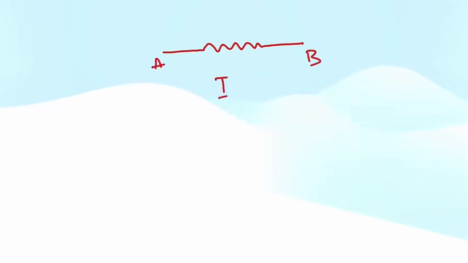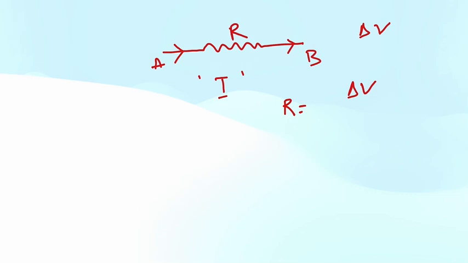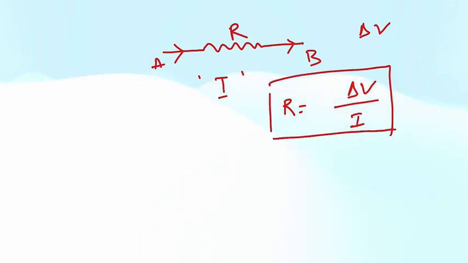When we discuss current, electricity and resistance, current flows from A to B, there is a resistance R, the current is I, and the potential difference between points A and B is delta V. As we remember, resistance is calculated as the change in potential difference divided by flow or current.